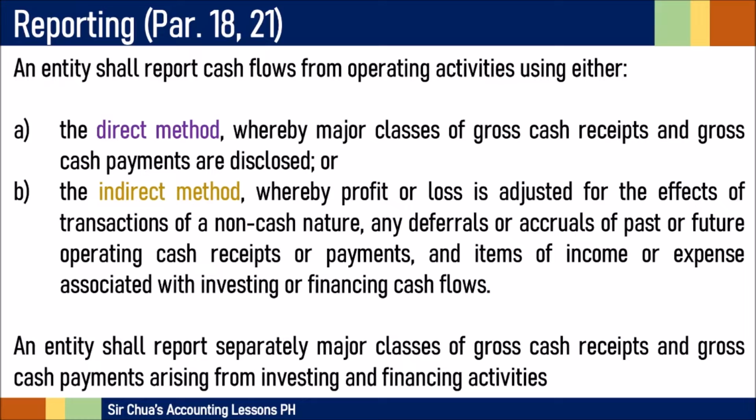So it's like the standard tells us that we really need to be specific in the reporting of our investing and financing activities, and you will notice that later when we will be preparing your statement of cash flows, because operating activities are given actually the option to present it using the direct method or the indirect method, but in your investing and financing activities, the standard tells us to present it specifically on the major classes of gross cash receipts and gross cash payments relating to those activities. So basically, it looks like it's direct method when you present your investing and financing activities.